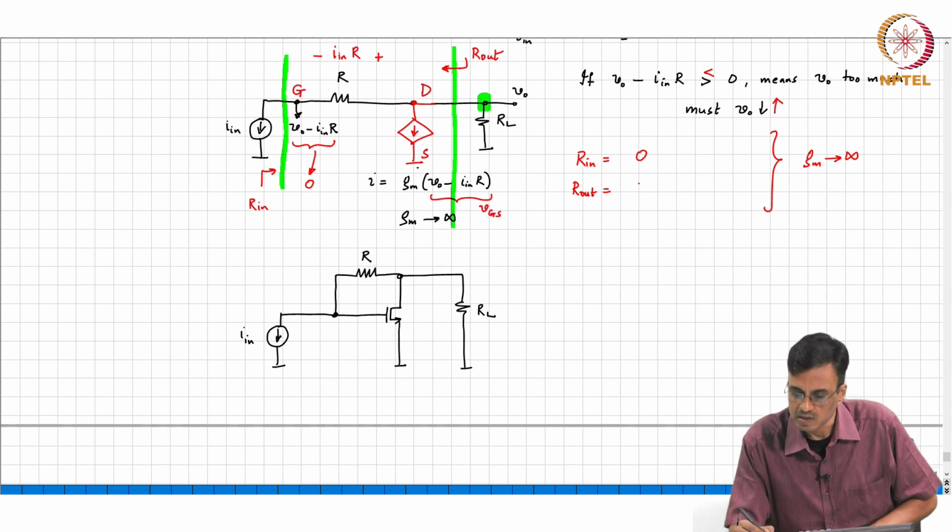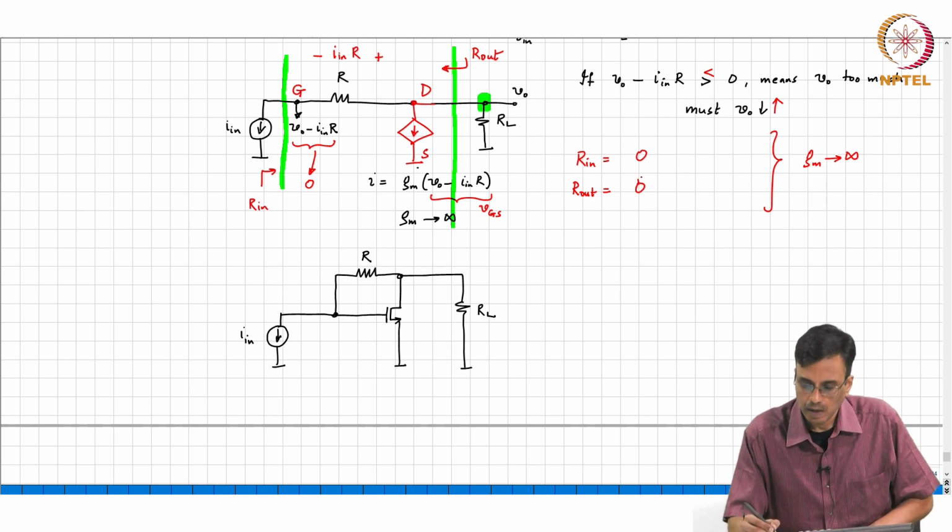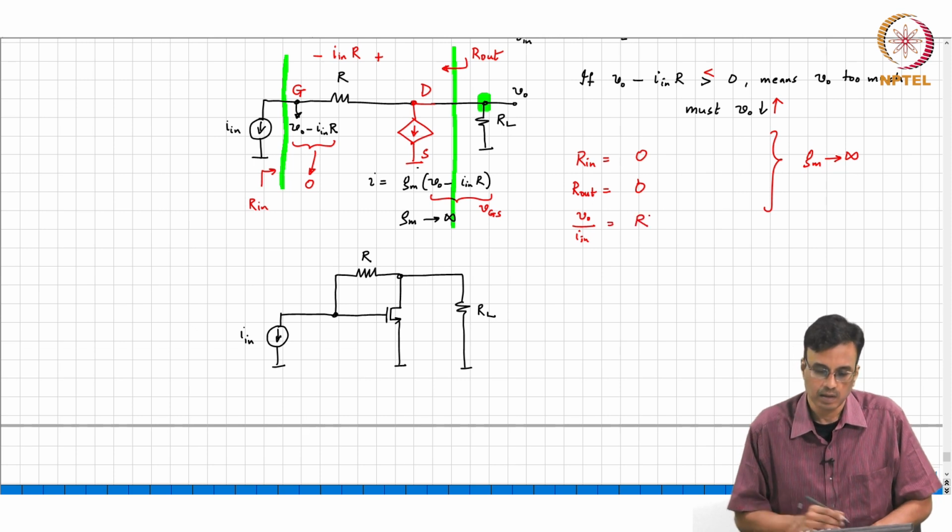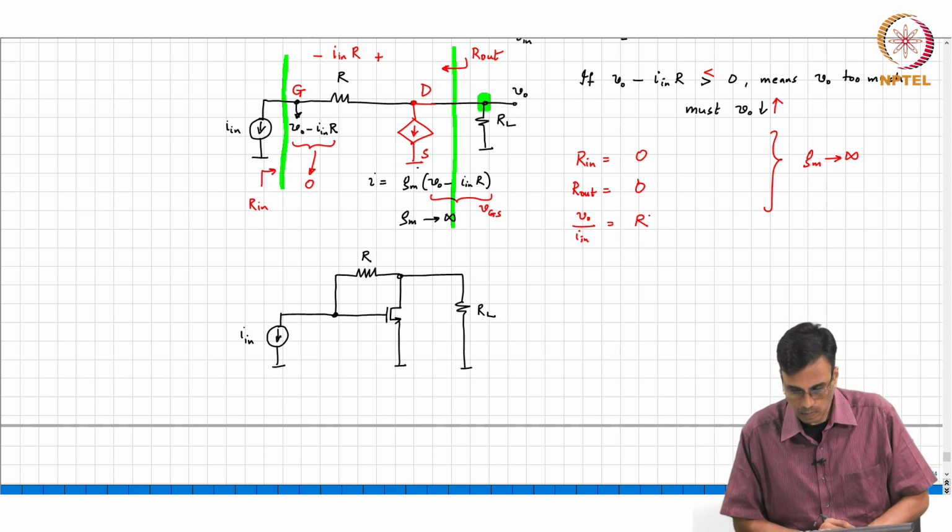Output resistance is 0, and V naught by In is R, and as you can see, as Gm tends to infinity, we indeed get the properties of an ideal current controlled voltage source, where the input resistance is 0, the output resistance is 0, and the transimpedance is R, which is again independent of the properties of the transistor itself.